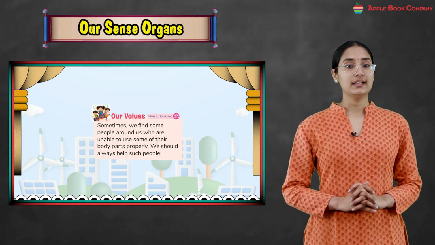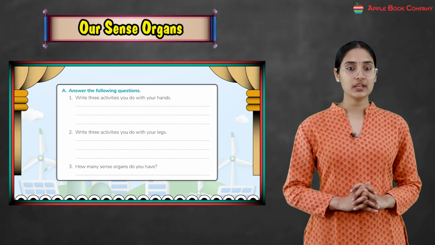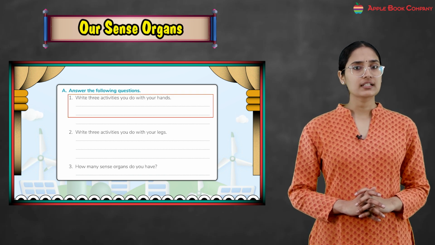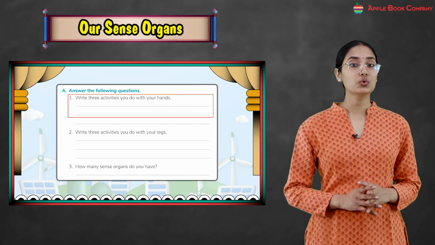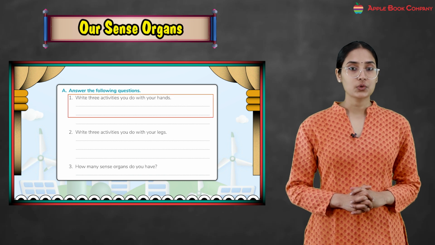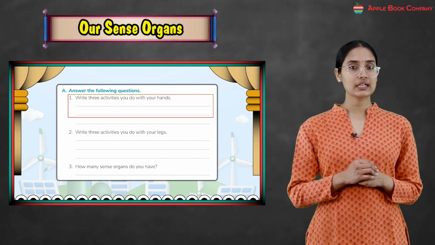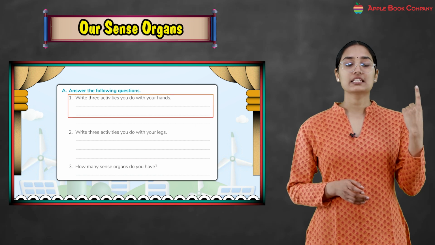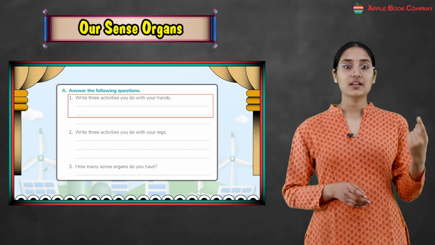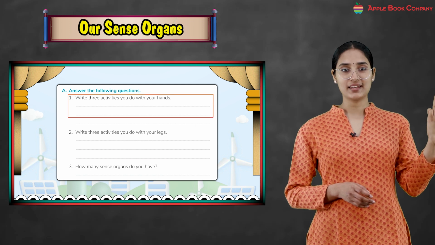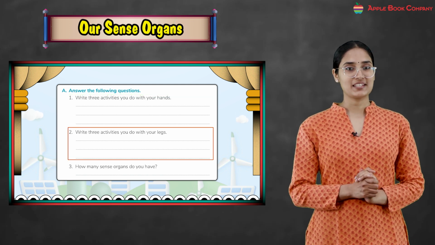Now students, let's do an exercise, okay? So answer the following questions. First is, write 3 activities you do with your hands. So what are all the activities that we do with our hands? First is writing, holding things, and what else? Clapping, right? Yes.